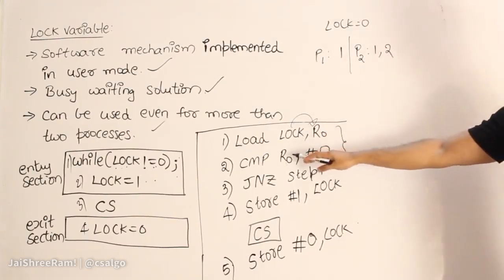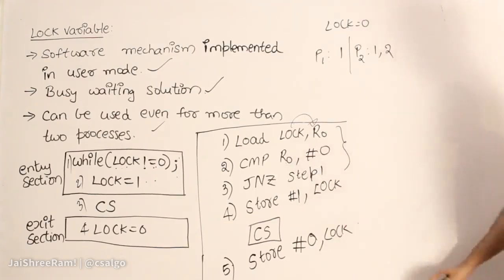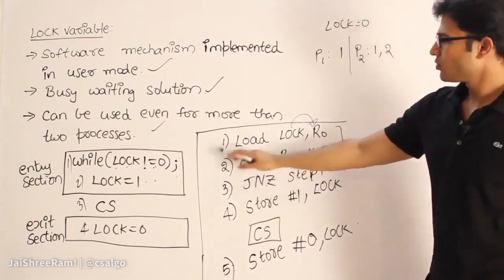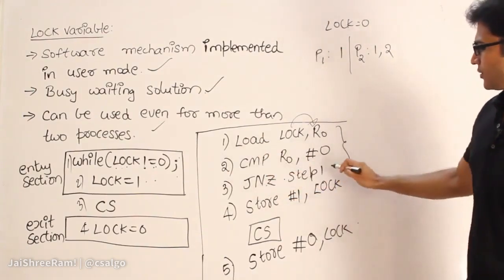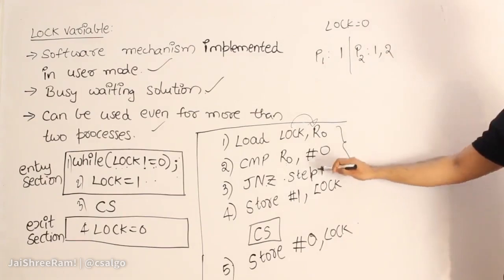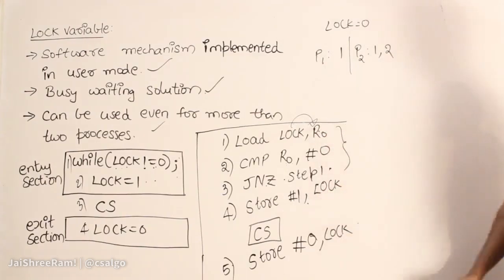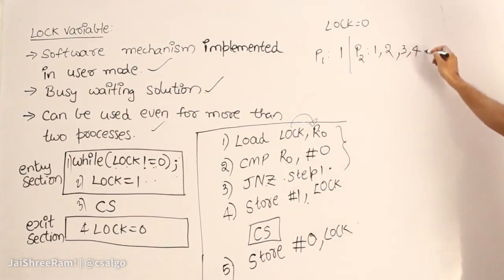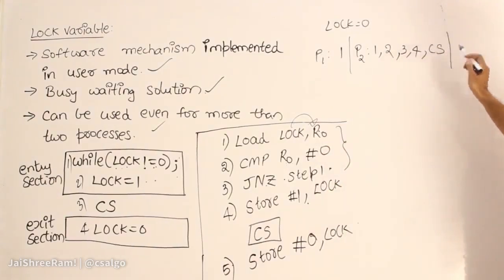It will compare R0 with 0 and it is equal. Therefore it will not go back to 1. This step will simply lead us to 4. So 1, 2, 3, 4, and now it is in the critical section, and it got preempted.